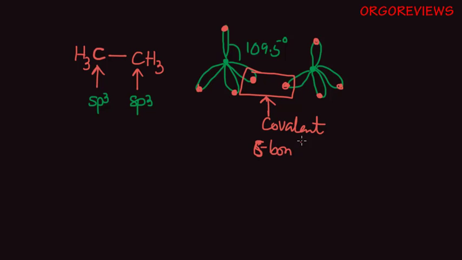Sigma bond is usually formed with a head-on overlap. So these 2 orbitals will have a head-on overlap. Now, when that happens, there will be hydrogens. So these hydrogens have only one electron in their shell, and they want to complete what we call the doublet configuration. So they also overlap using a sigma bond. The same thing will happen here.